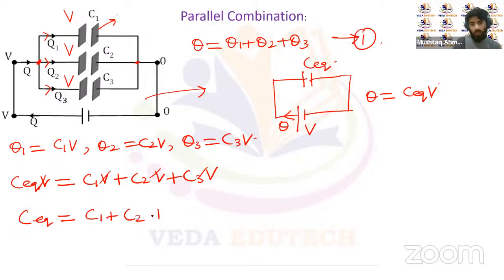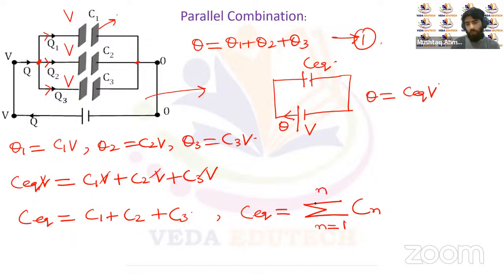For these three capacitors, this is the equivalent capacitor. In general, if we have n number of capacitors, we can write C equivalent as summation of Cn, where n runs from 1 to n. So this will be the equivalent capacitance of this parallel combination of capacitors, right?